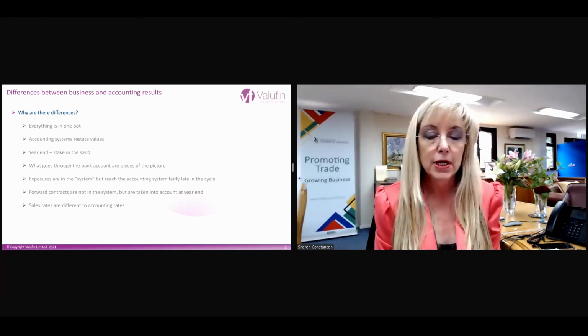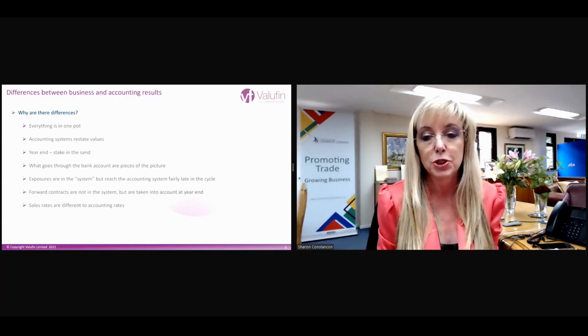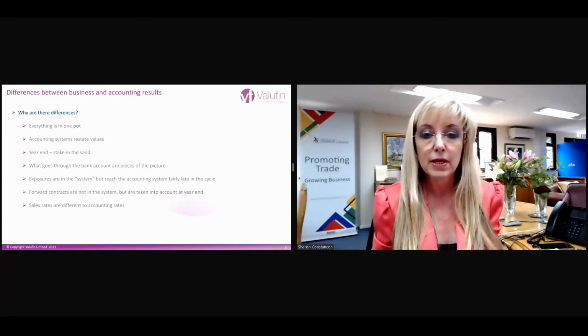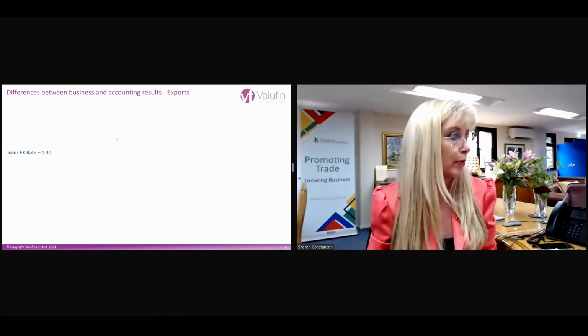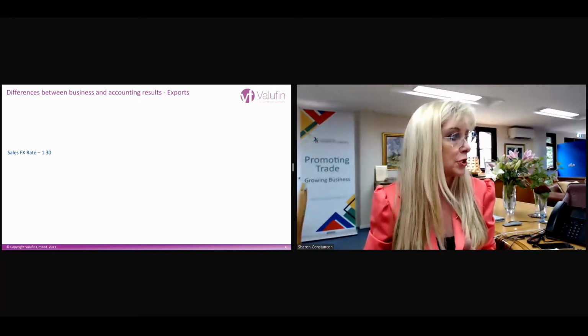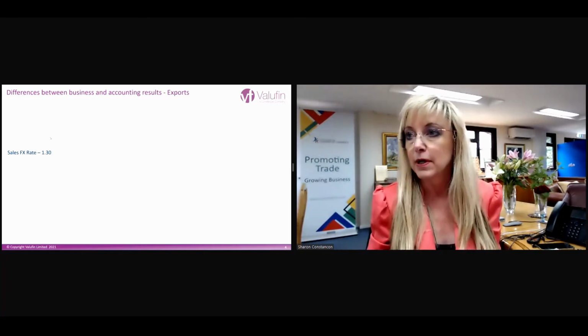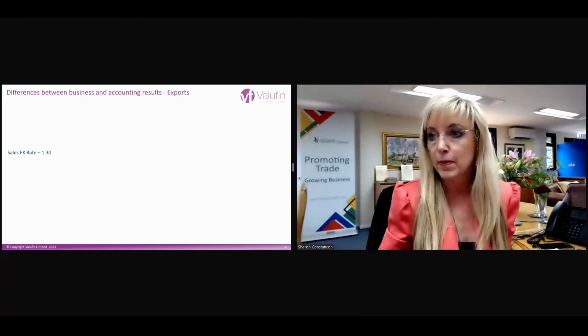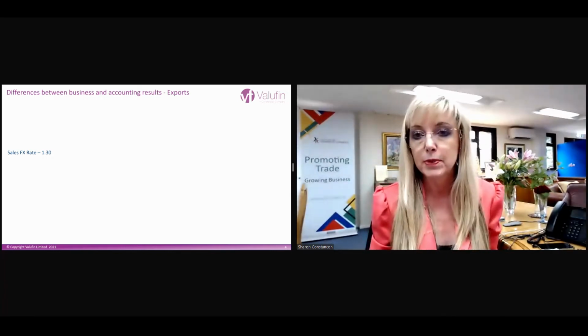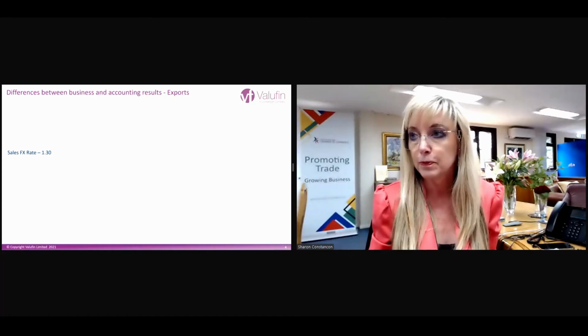Forward contracts that you take don't come into the accounting system in the same way unless you're hedge accounting, and your sales rates and accounting rates are different. Those are just a few reasons why we have this degree of problem. So very, very challenging for all of us who are in the accounting world and end up with this gray space from a foreign exchange reality point of view.